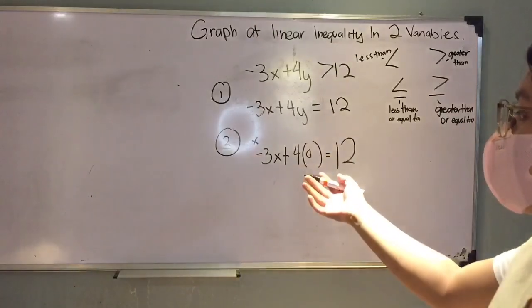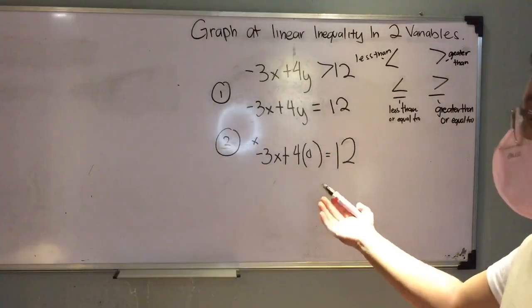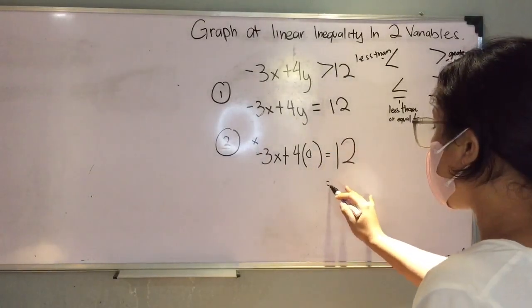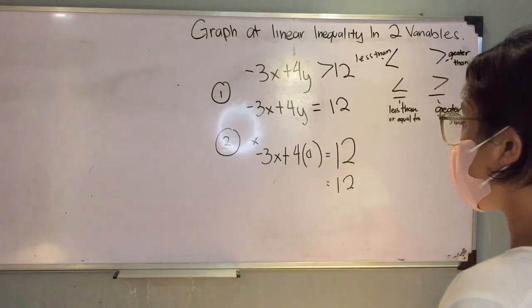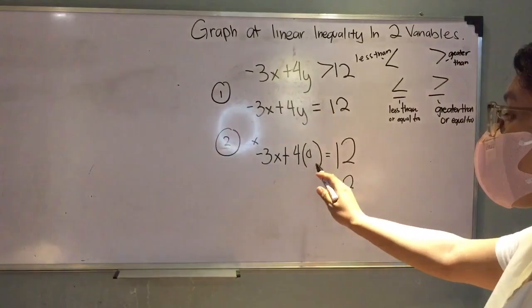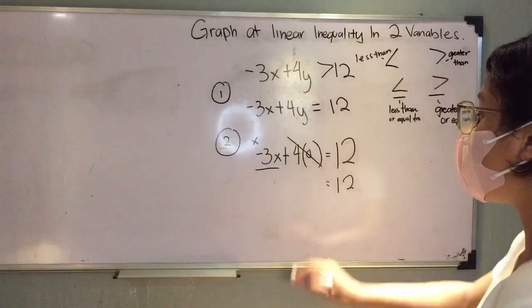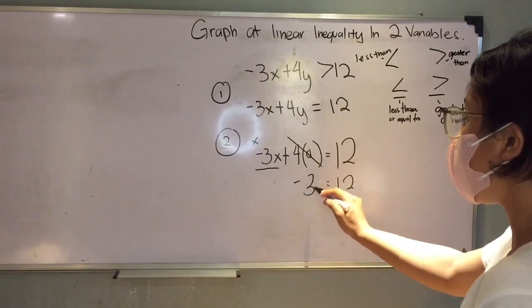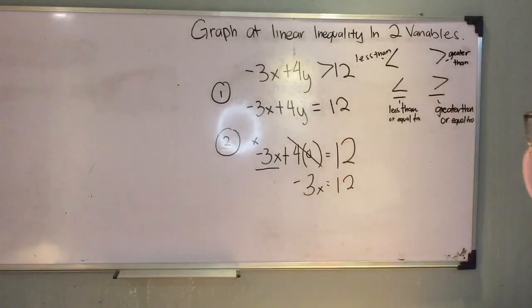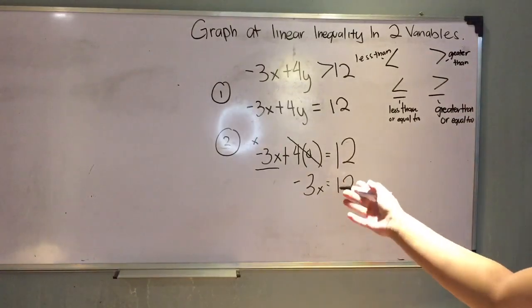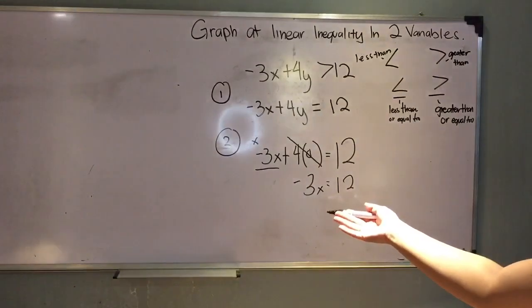In solving for x, we're going to make our y 0. So 4 times 0 is 0, so you can simply cancel it out. The number that we have left is negative 3x equals 12. Then we're going to divide both sides by negative 3.